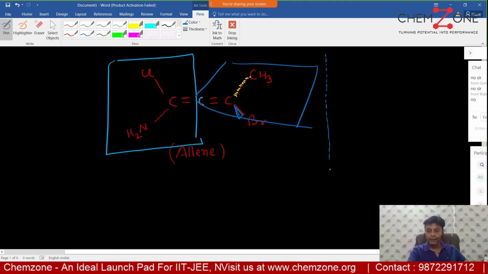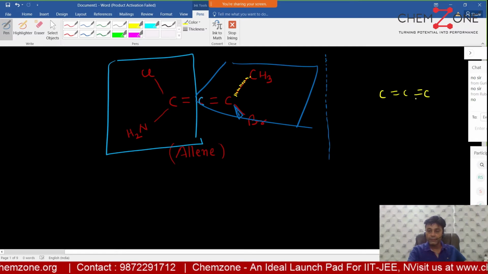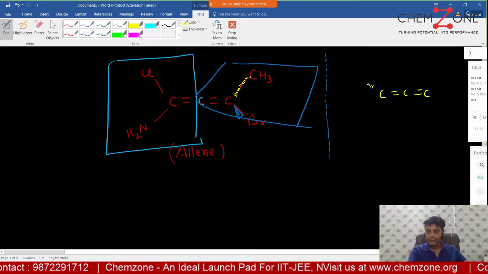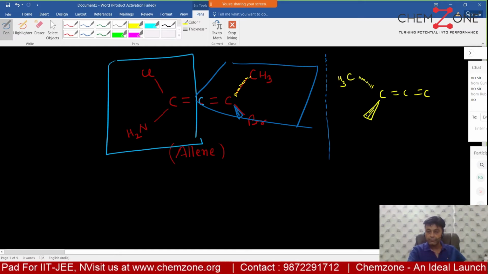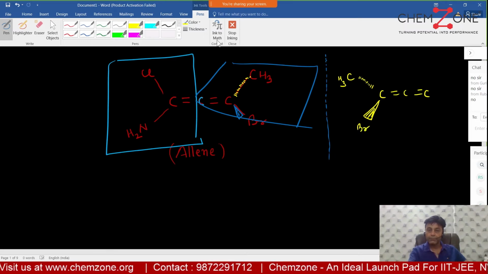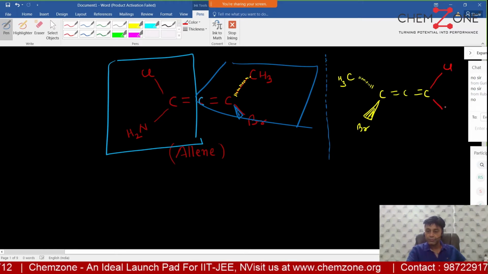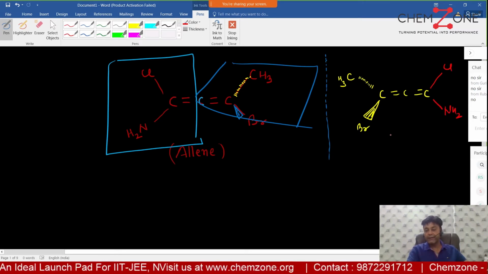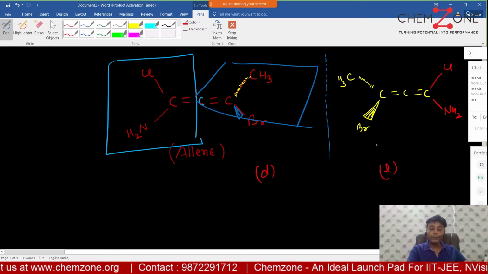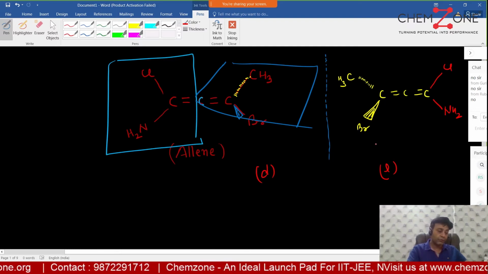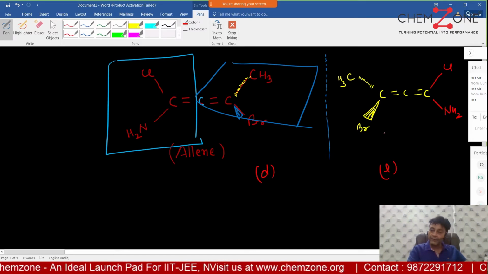Now if I make its mirror image, carbon double bond carbon double bond carbon, here I will get methyl, here I will get bromine, and this is the chlorine and NH2. Now if we find this is dextrorotatory, it will be levorotatory. These are non-superimposable upon each other. It is an optically active compound. Am I clear?